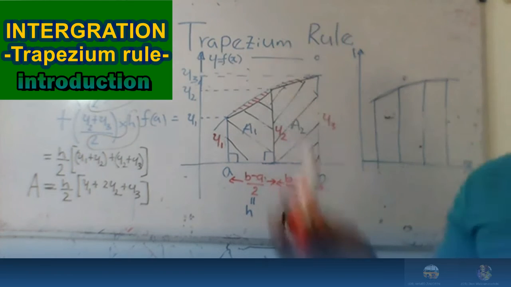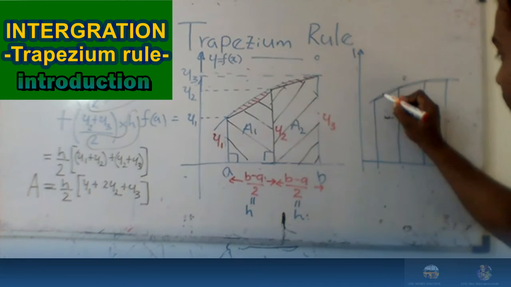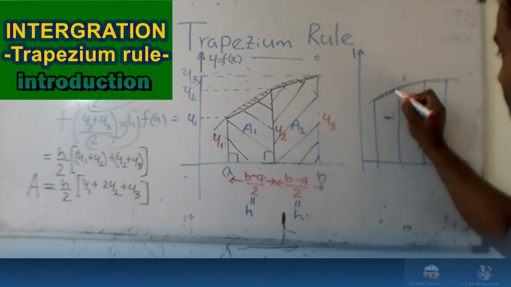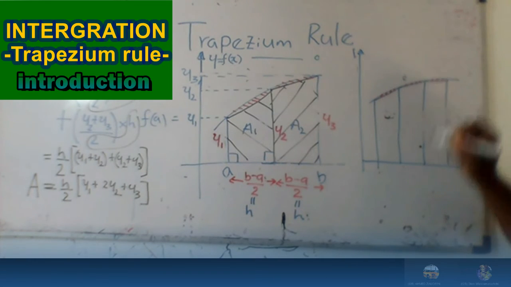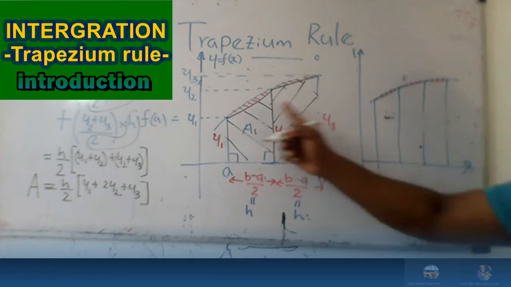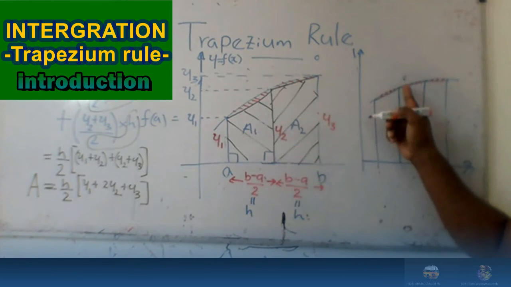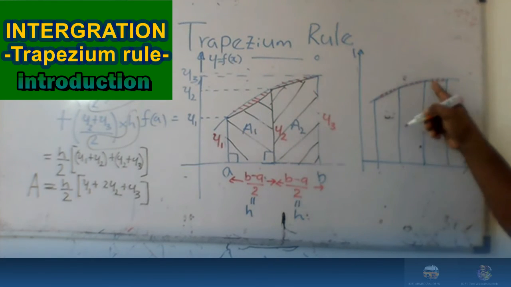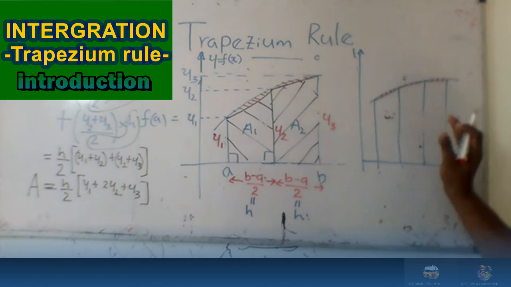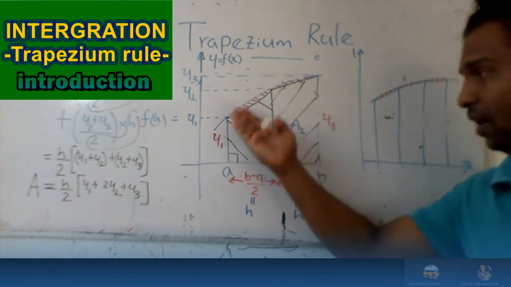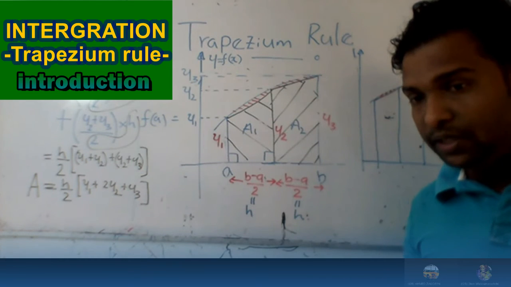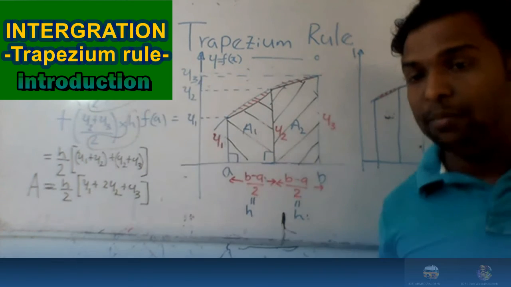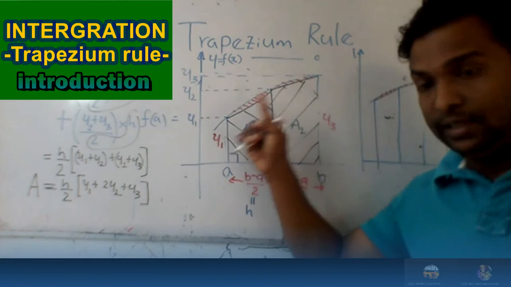Then can you observe this missing area, this red colored part? Compared to this, the red shaded part will be less if you divide this one into three strips. That means when we are increasing the number of strips, error will be less.